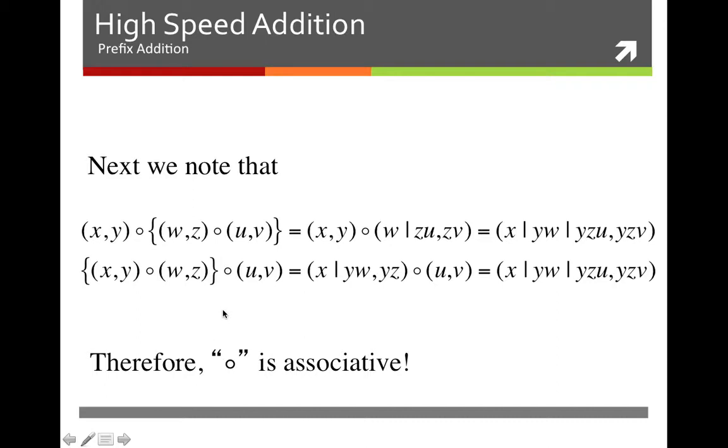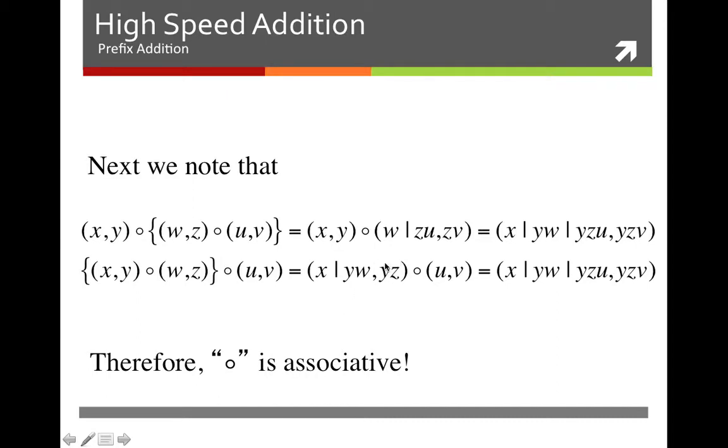So associativity is secured easily if you just follow this logic and do the actual steps. You will convince yourself that in both cases, whether you take the latter two pairs first and then the first pair last, or the first two pairs first and then the latter pair last, in the way that you compute this circle operation in these three-variable forms, they come out to the same expression. I leave this as a small exercise to do on your own because it's actually obvious.